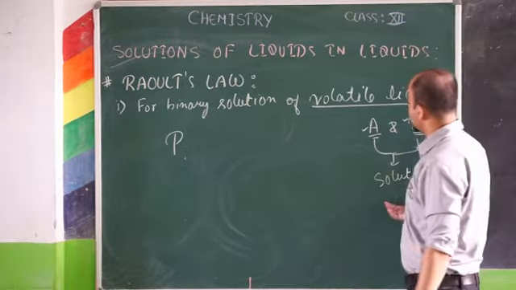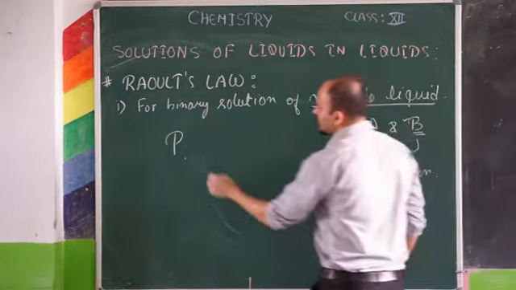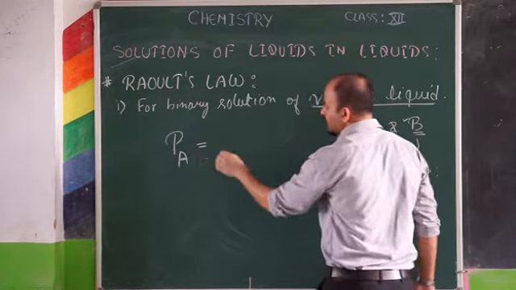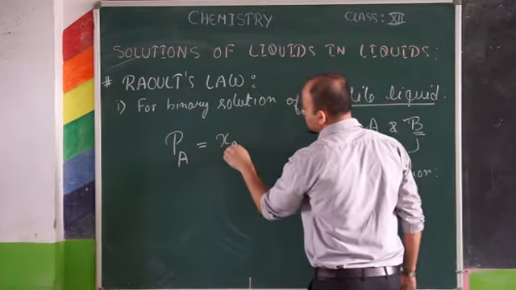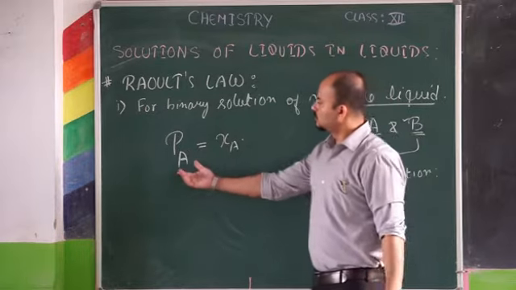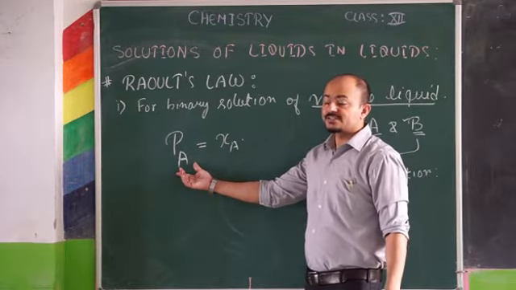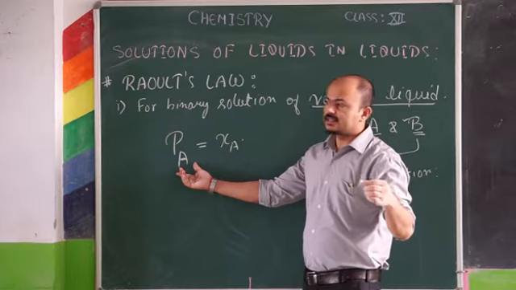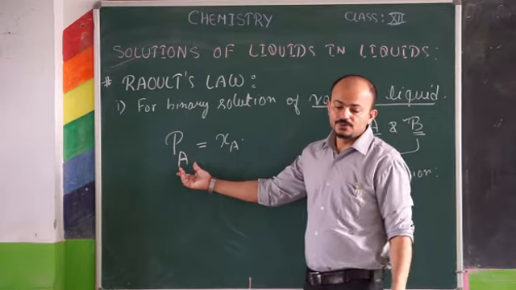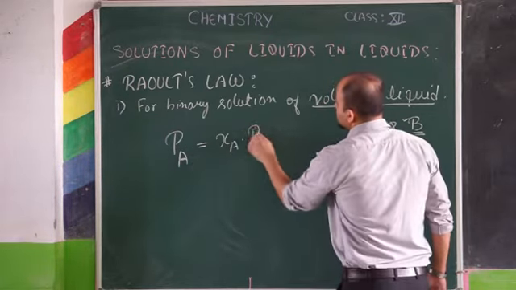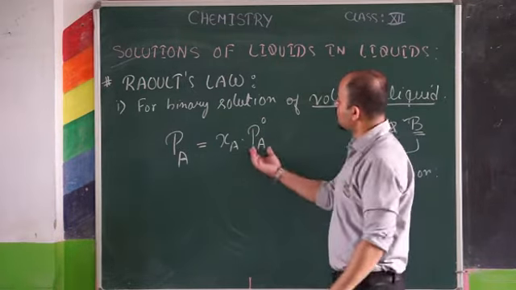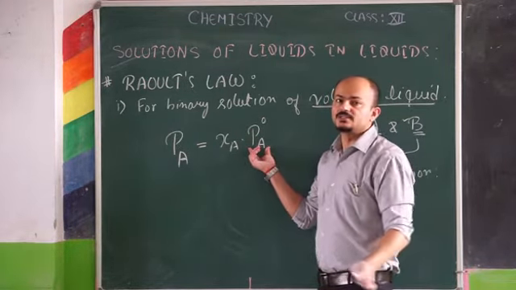Then in such cases, the partial pressure of any one component, say A, will be equal to the mole fraction of A into the pressure A exerts when it is in the pure state, that is P naught A. This is the pressure whenever you have only A, no B is present.